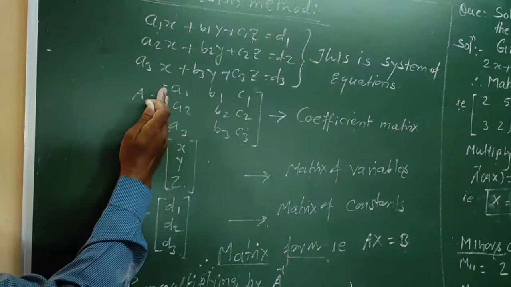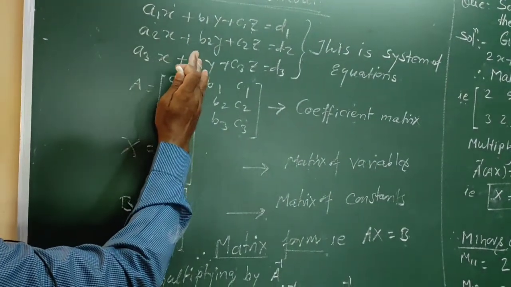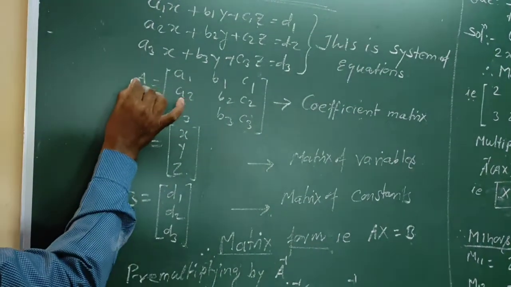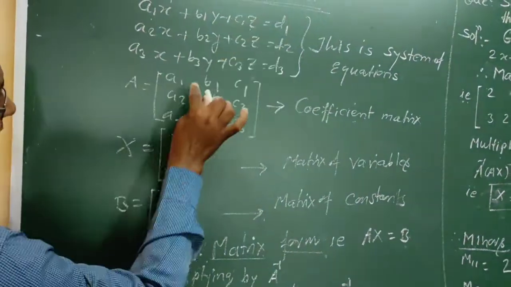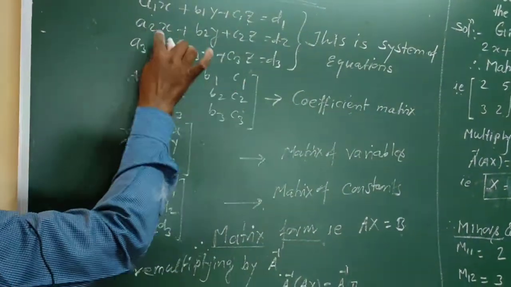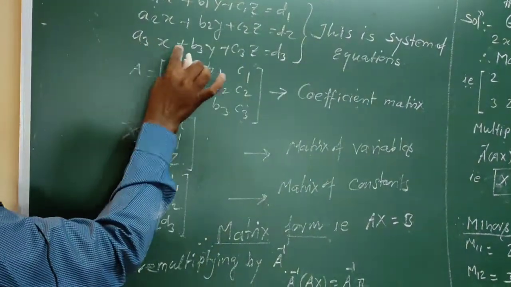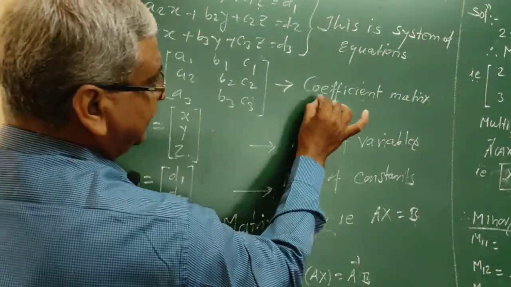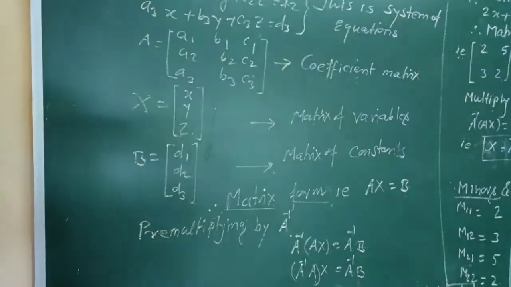So we separate the coefficients of x, y, z, the constants, and the matrix of variables. Here matrix A is written as a1 b1 c1, a2 b2 c2, a3 b3 c3, and it is called the coefficient matrix.